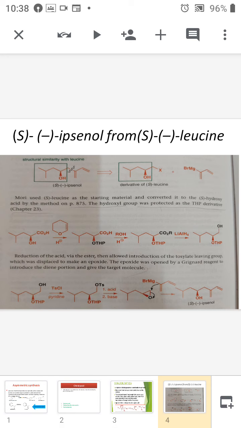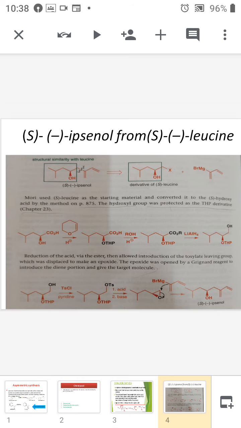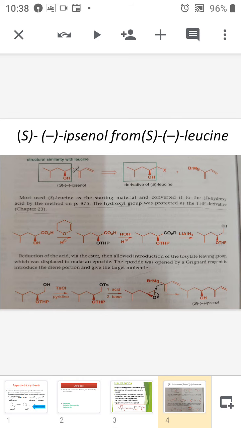Protection means that if a starting material contains more than one functional group, and we add a reagent, the reaction will occur on both functional groups. To avoid this, we protect the most reactive functional group and do the chemical reaction on the other functional group.